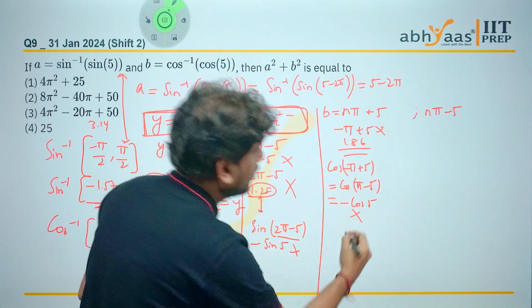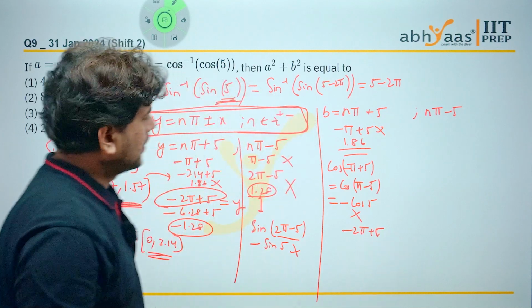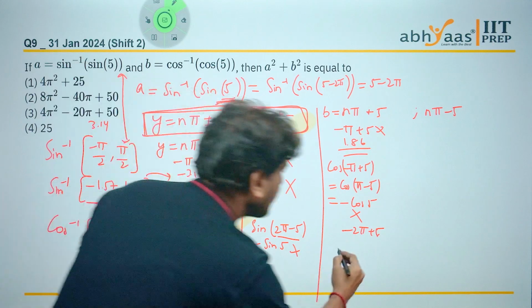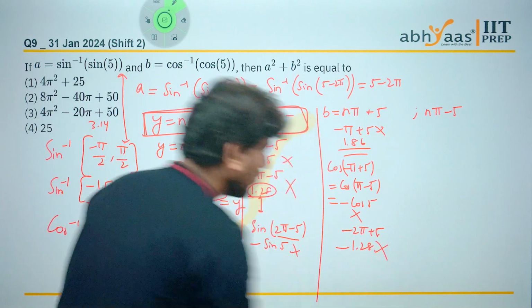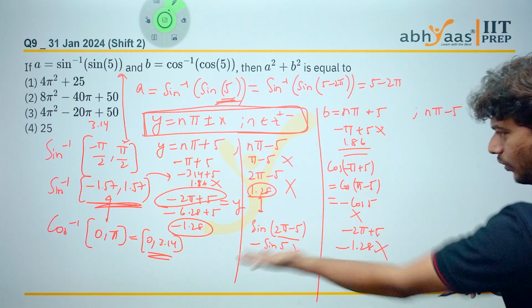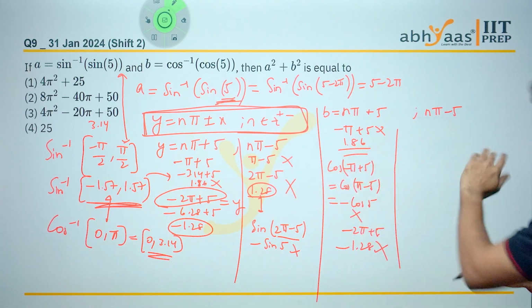And going to the next value, that is minus 2 pi plus 5, we got minus 1.28, which is not the case. We don't have to do this because we have already crossed 0, so there are no values here. Let's find this side.